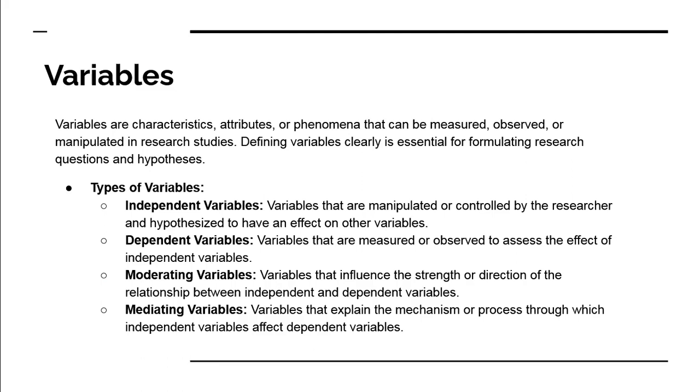Independent variables are manipulated or controlled by the researcher and hypothesized to have an effect on other variables. Dependent variables are measured or observed to assess the effect of independent variables. Moderating variables influence the strength or direction of the relationship between independent and dependent variables, and mediating variables explain the mechanism or process through which independent variables affect dependent variables.